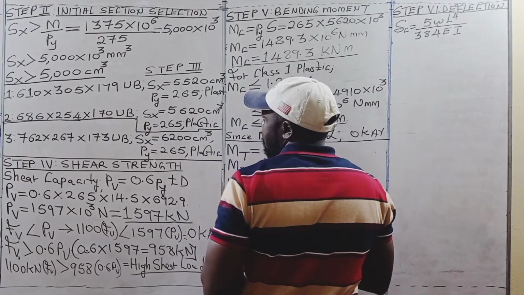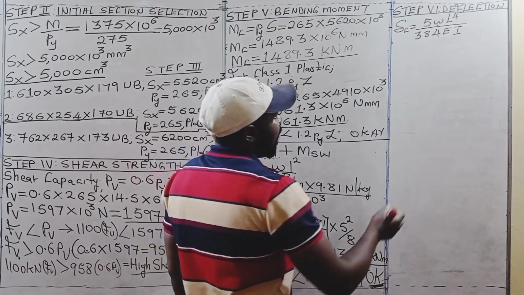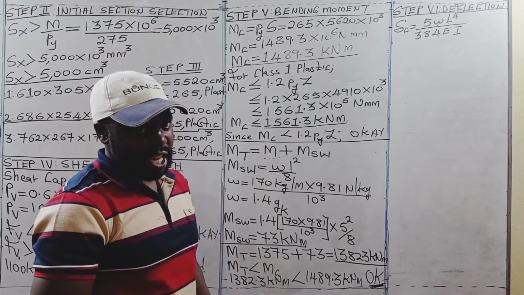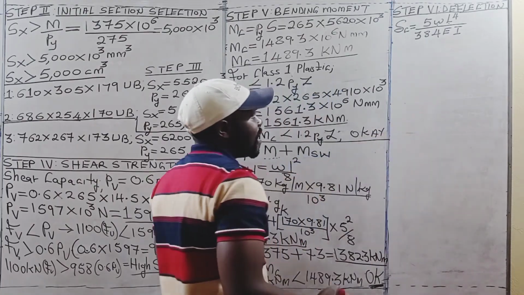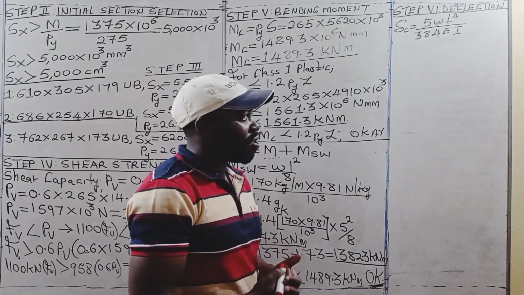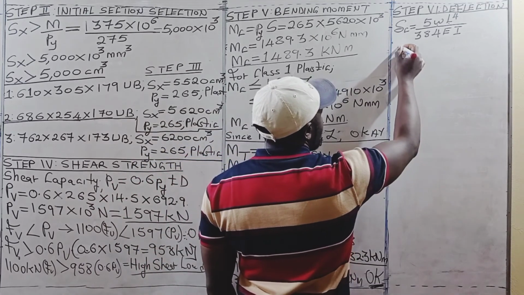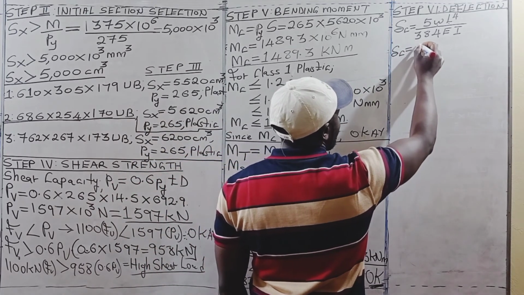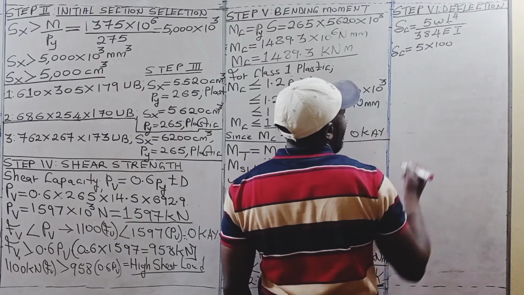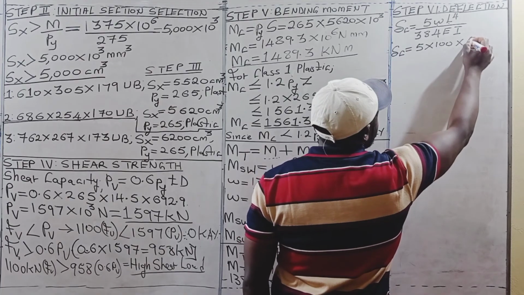whereby W is the imposed load subjected on that particular beam, L is the span, E is the elastic modulus of steel, and I is the second moment of area of the selected section that is obtained from Appendix B. Therefore, the deflection at the center will be given by 5 times the imposed load on this beam, which is 100 kilonewtons per meter, and the span of this beam is 5 meters.